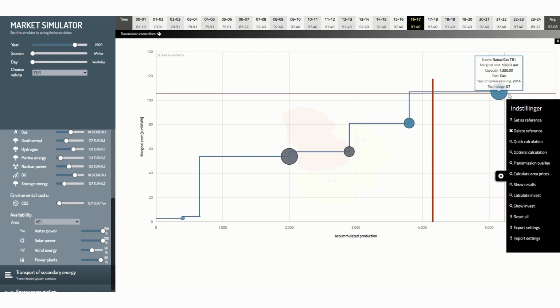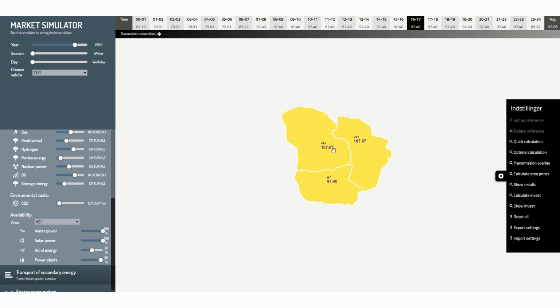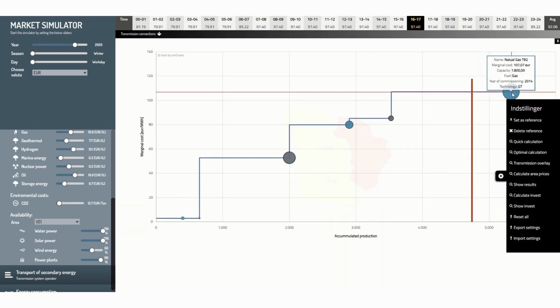This unit is setting the price, and you can see that the marginal price is 107 euros per megawatt hour. This is also the price here. If we look at VE2, it is the same type of unit, having the same price.